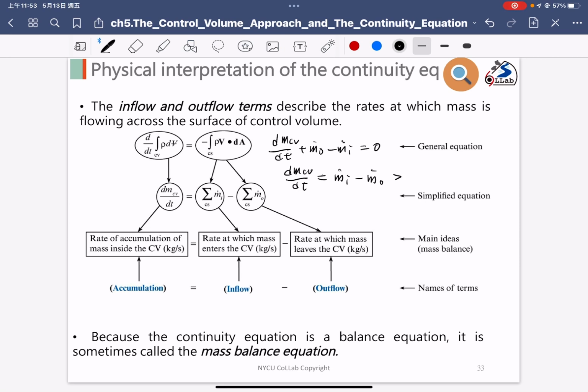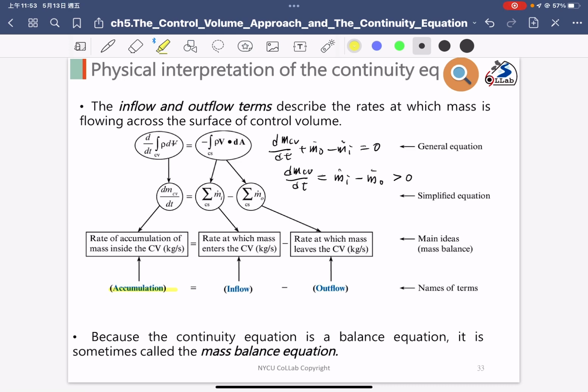If this item is positive, it indicates the inflow is larger than the outflow. In that case we call it accumulation, because the physical property will accumulate in the control volume.